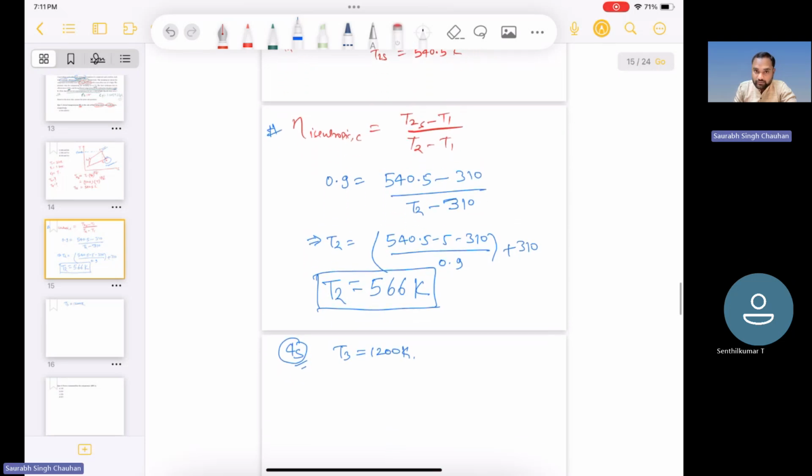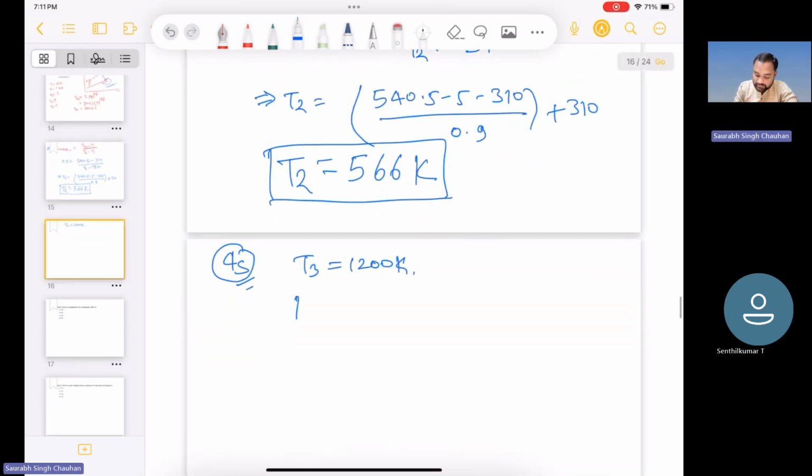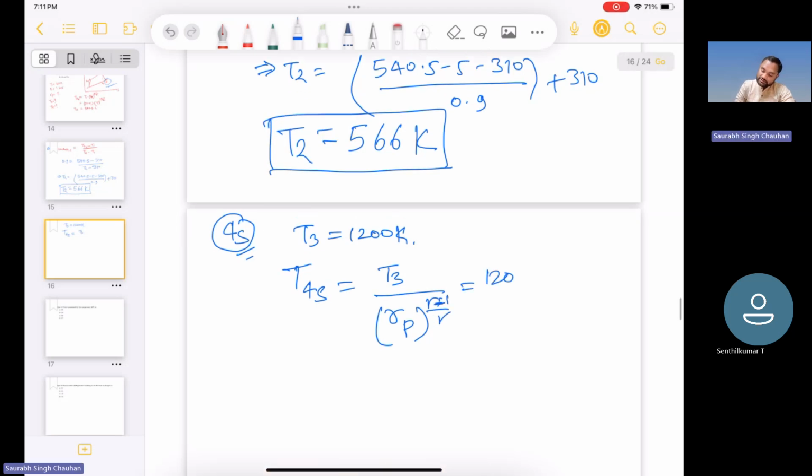So now we can find T4. Sorry, T4S. This will be equal to T3 divided by Rp to the power gamma minus 1 by gamma. This is 1200 Kelvin divided by Rp, 7, to the power 1.4 minus 1 by 1.4.